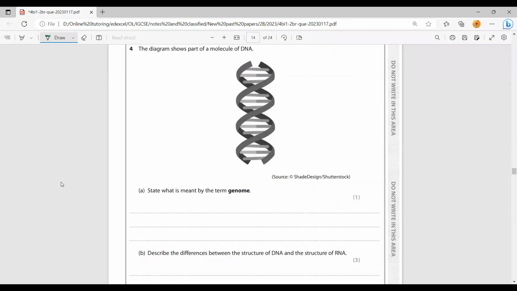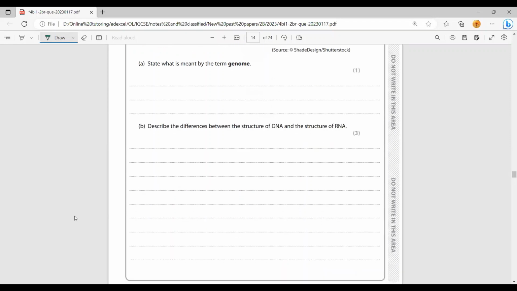All the DNA in an organism. Be careful: genome means all the DNA in one organism, in all of its cells.